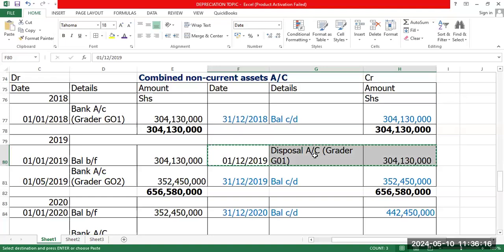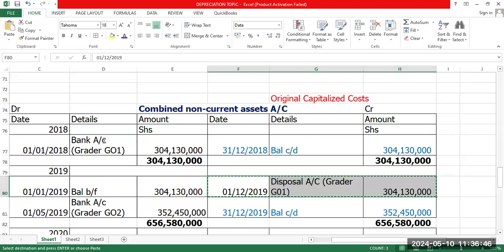This is on credit. Now, what will you do in this? We come here, we debit. But when you debit, you don't record the word disposal again, because disposal is already up. You ask yourself, what was the account where you picked this information?